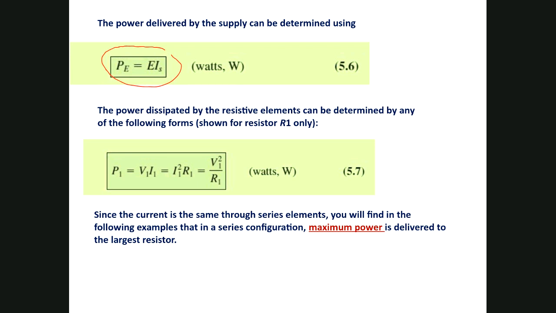So this is for the source, and this is for the load. So P source equals E source times I source, and for the resistors, for example for P1, P equals V1 I1, or I square 1 R1. Similarly, for P2 or P3, you apply the same formula.